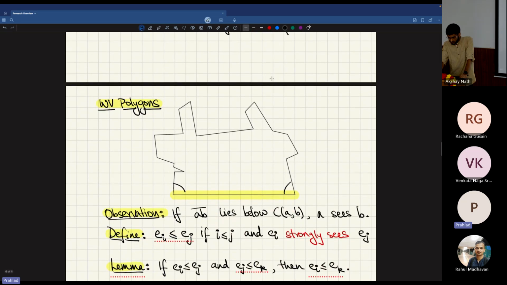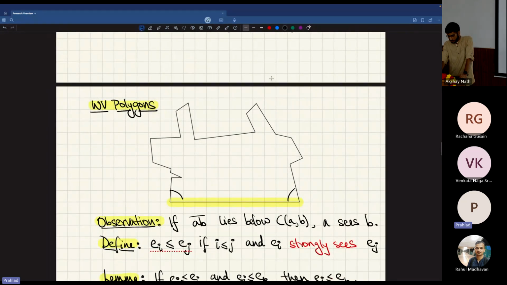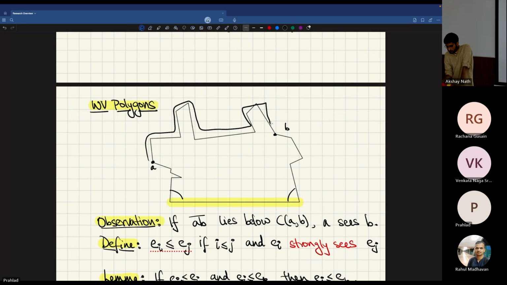So here's another observation that we'll prove mostly by figure. It says that if you have two points, A and B, which lie below the curve, which is this one, right?